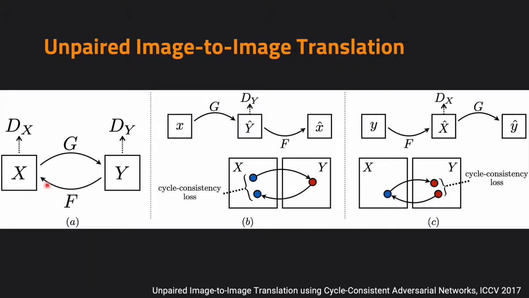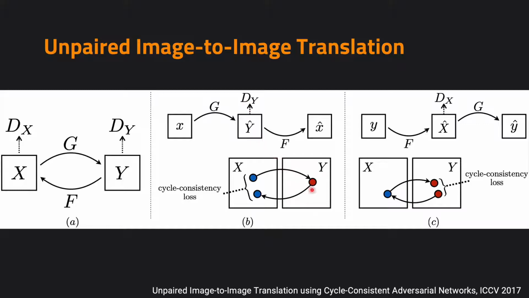The reason it is called cycle consistency is that every time, we map an input image to another domain using our first mapping function, and learn a discriminator to see whether it's realistic in this particular domain.